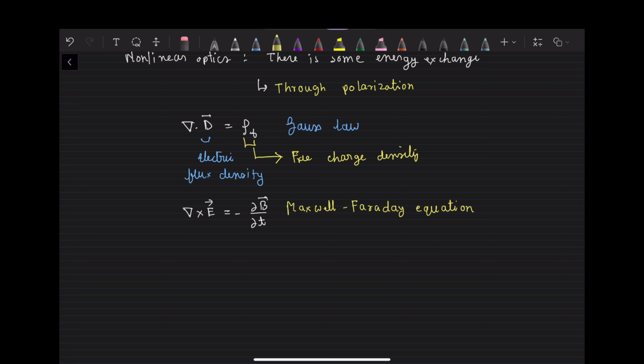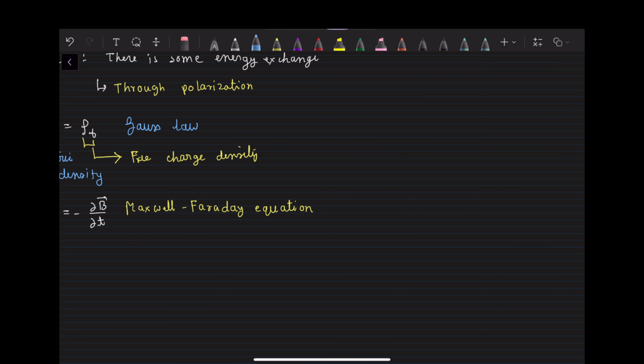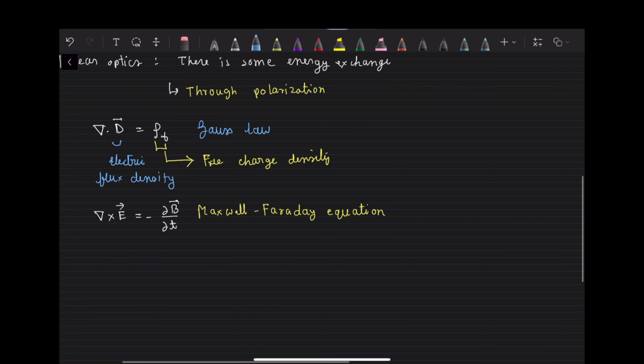Let's try to understand what it means. This Maxwell-Faraday equation was first observed by Faraday, and it gives you electromotive force if there is changing magnetic flux. That's very exciting, right? Due to change of magnetic flux, you can get some electromotive force.